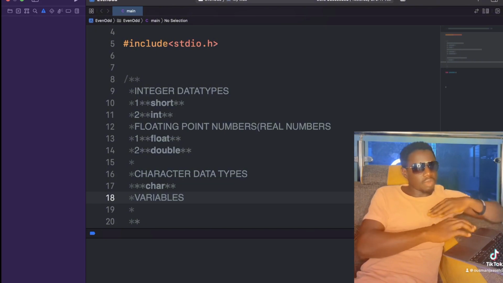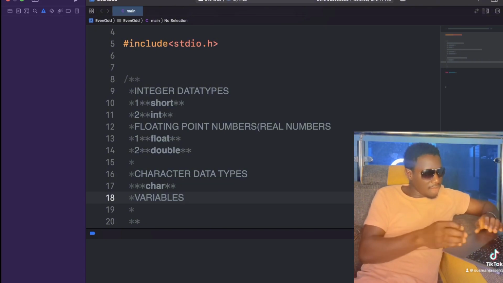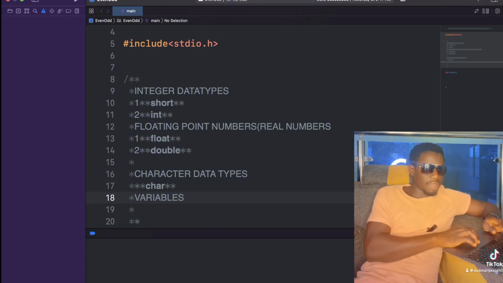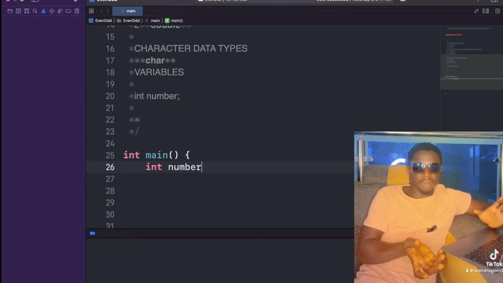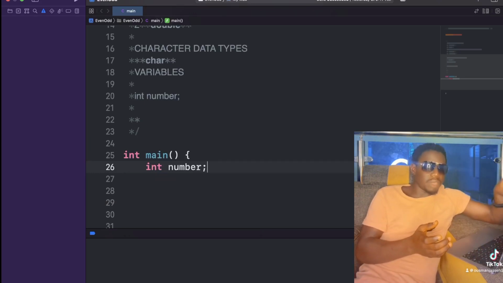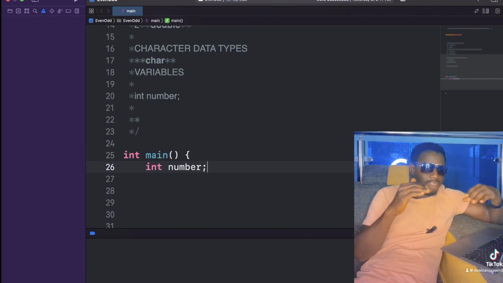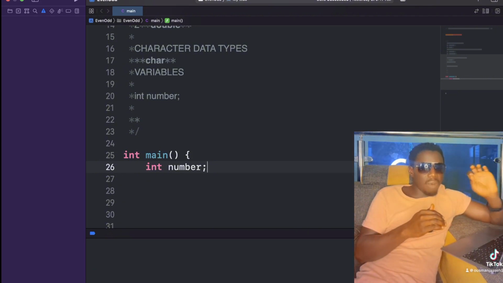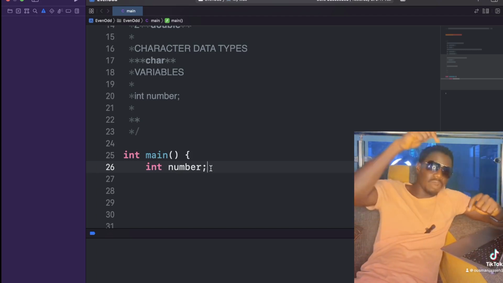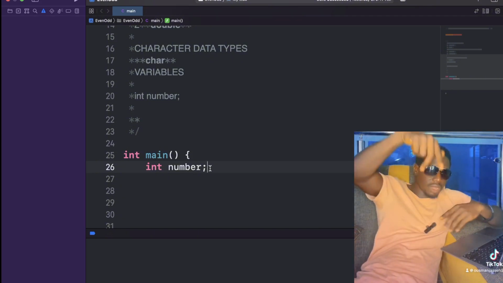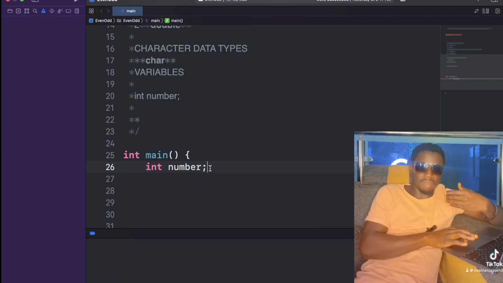So in this case, if I want to specify or store a number, I can just say int number. I declare it now. This number right now represents a particular address in the computer cells. Anytime I want to store any number, if I assign it to this variable, that value will be stored in the memory address called number, right?